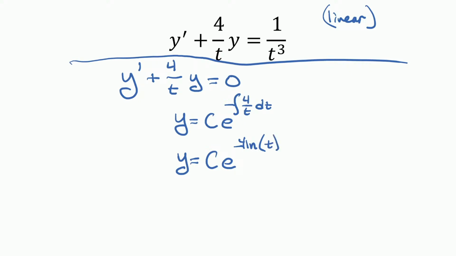Isn't that what we get? And so that's going to be y is equal to c times e to the natural log of t to the negative 4. So y is c t to the negative 4. And that we're going to call the complementary solution.